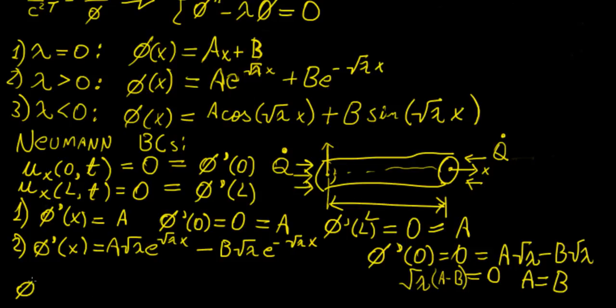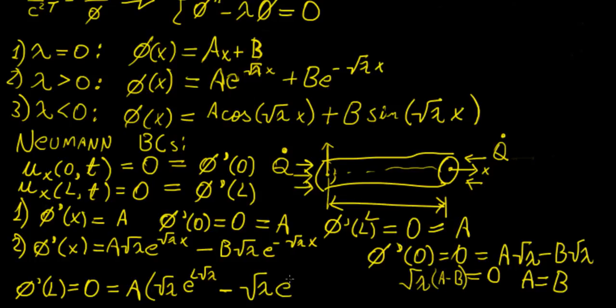And now we apply the second boundary condition. If A and B are the same, we can take our constant out of the equation. So we're going to have square root of lambda e to the power of L square root of lambda minus square root of lambda e to the power of minus square root of lambda L. Obviously I should have factored out the square root of lambda as well.